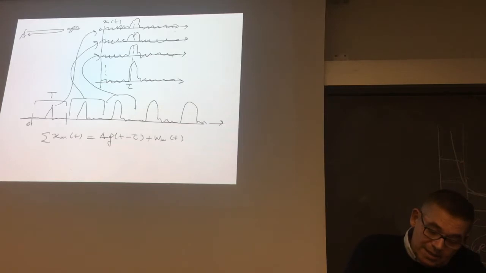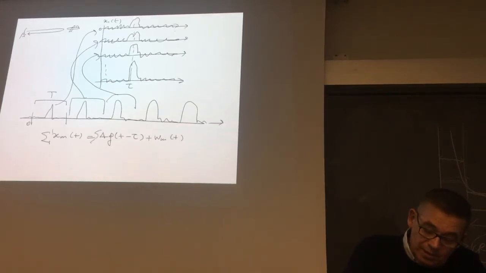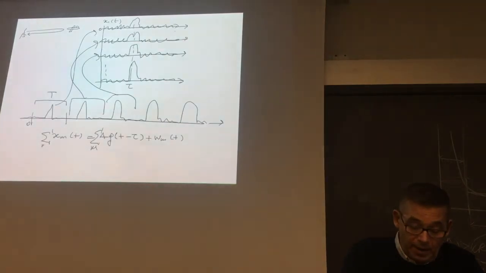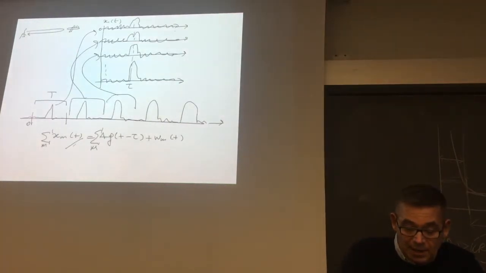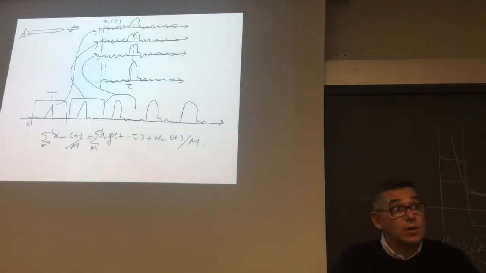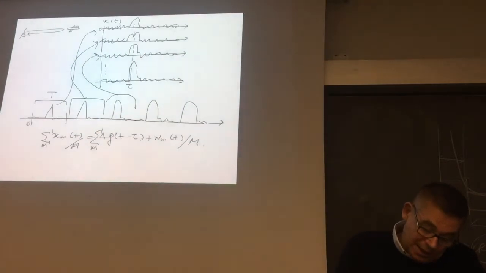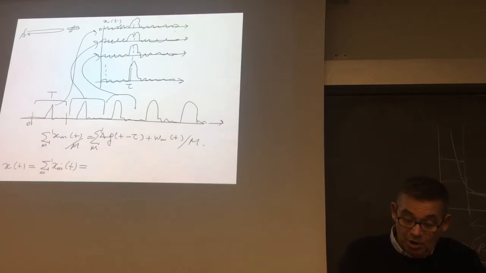An easy way to do that would be to sum all of them and divide by N. If I sum all that and divide by N, what do I get? I get the compound signal x(t), obtained by summing the x_n.